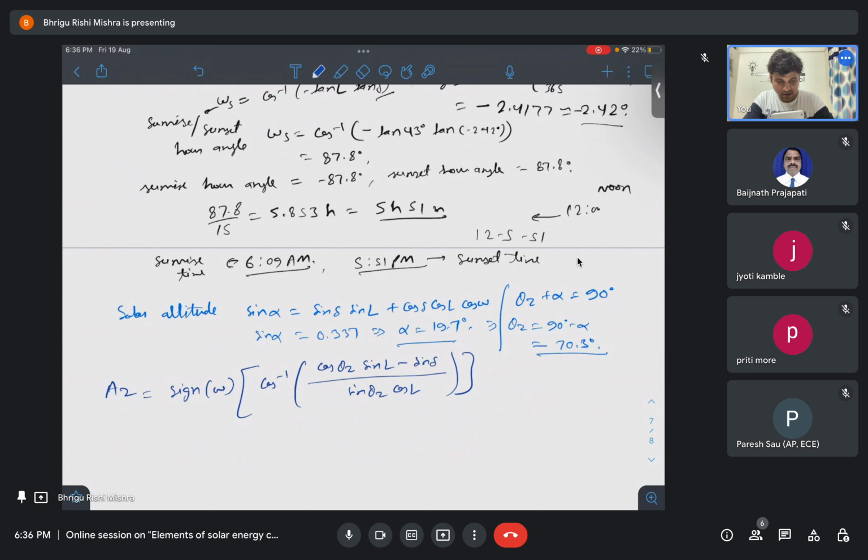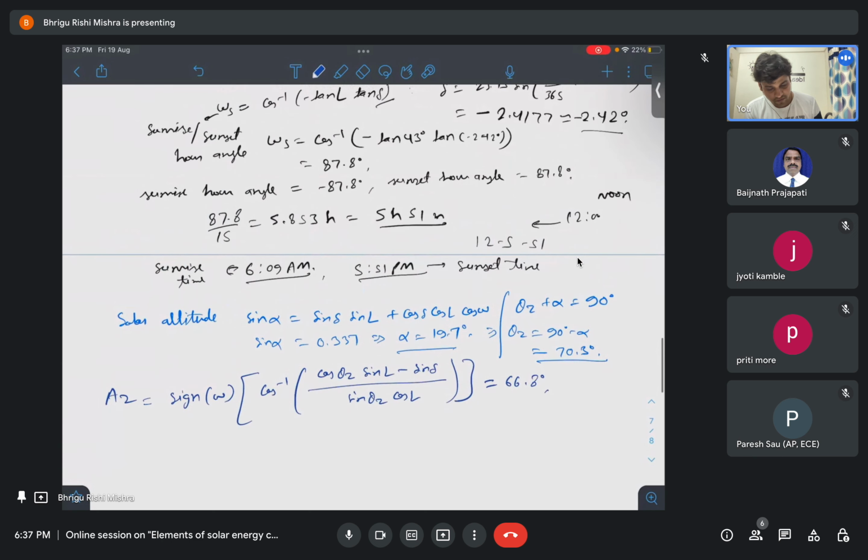If we calculate this, it turns out around 66.8. Okay, so 66.8 degree is our solar azimuth angle.